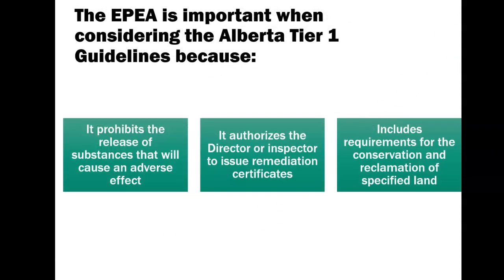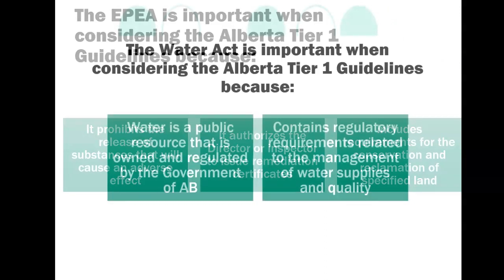The EPEA is really important when considering the Alberta Tier 1 guidelines because it prohibits the release of substances that will cause an adverse effect. It authorizes the director or inspector to issue remediation certificates, and it includes requirements for the conservation and reclamation of specified lands.